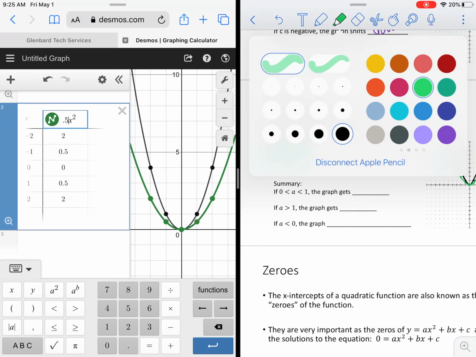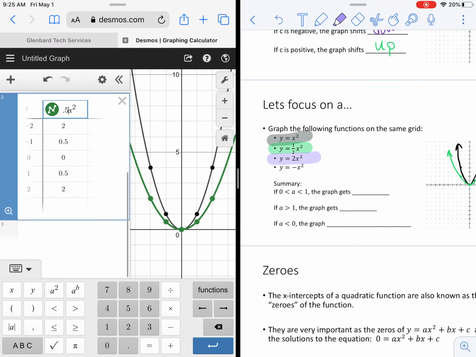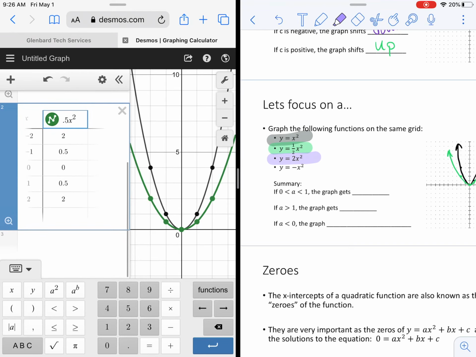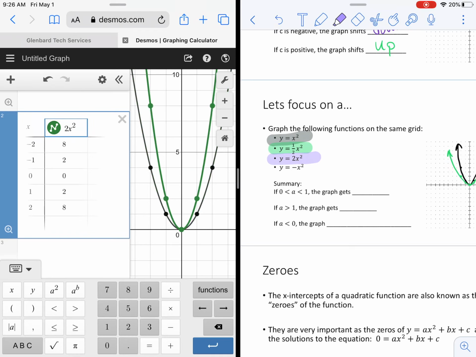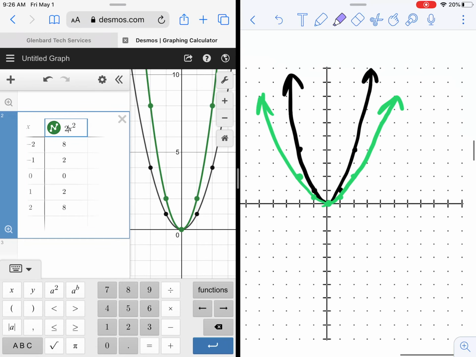I think we end up being purple for this one. Let's take a look at this 2x squared. So now I'm going to just change it on this one to 2x squared. And you notice that this one got narrower. Let's graph those points. We're going to do it in purple since I changed it on the Desmos.